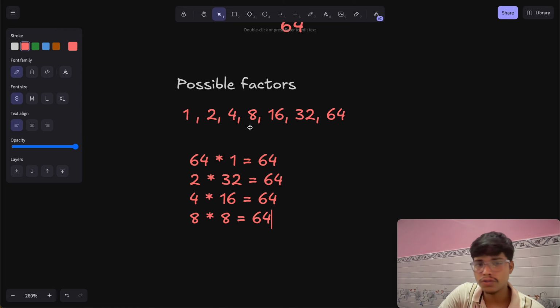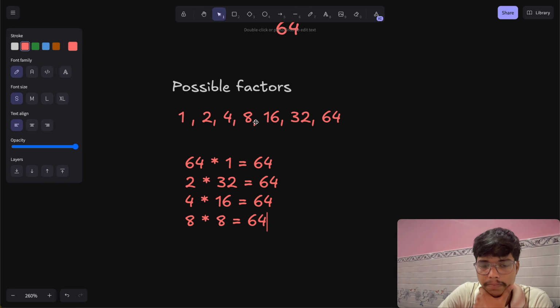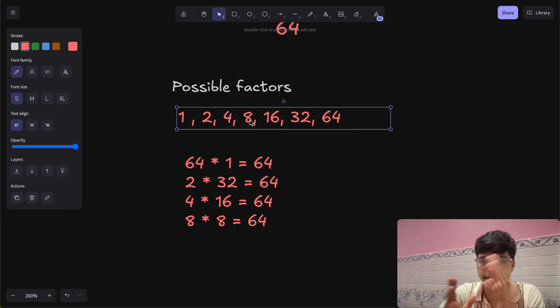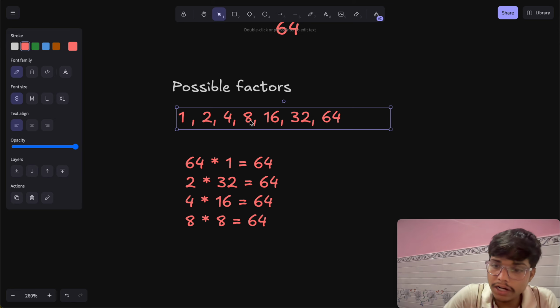Let's suppose, also we can understand this: for example, 8 is the square root. For the possible factors which are larger than the square root, the pair will be smaller than the square root.